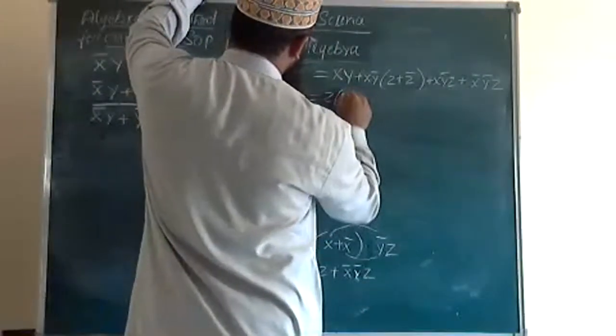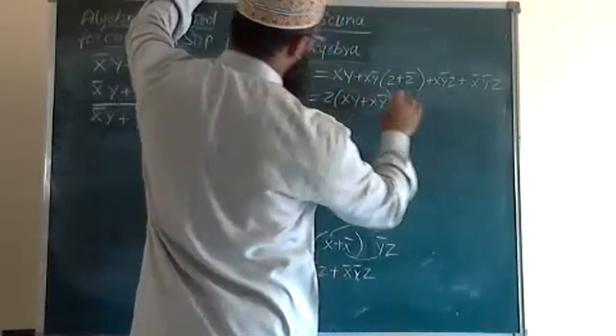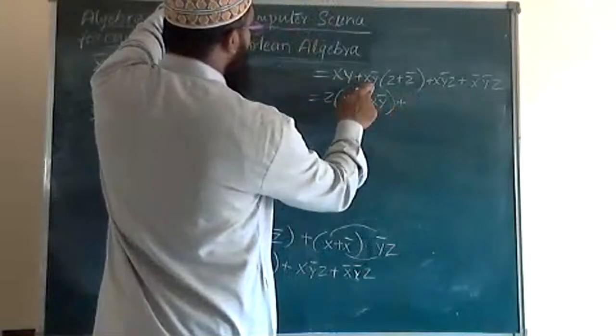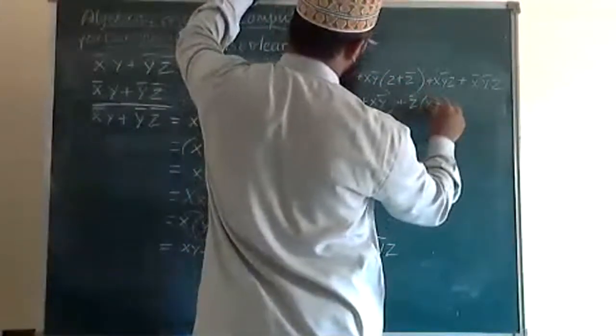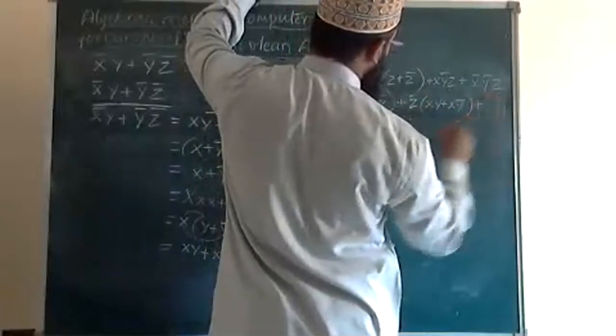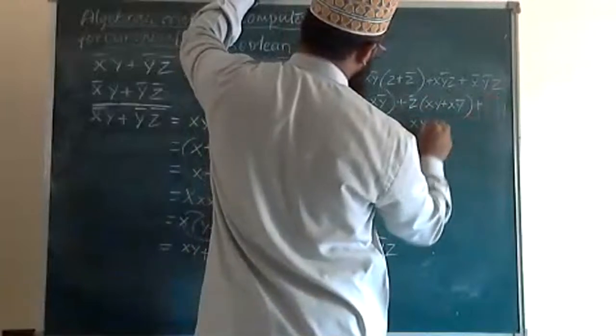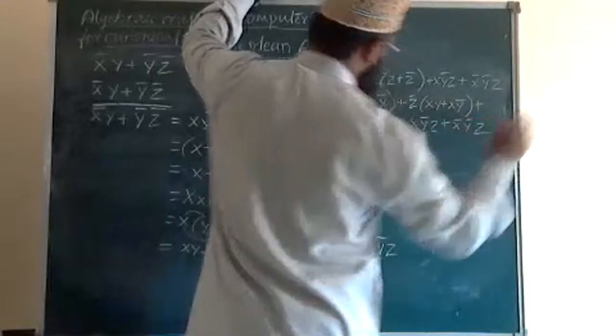Z into xy plus xy bar, plus z into xy plus xy bar, then z bar into xy plus xy bar. Okay, write down as it is, plus xy bar z plus x bar y bar z.